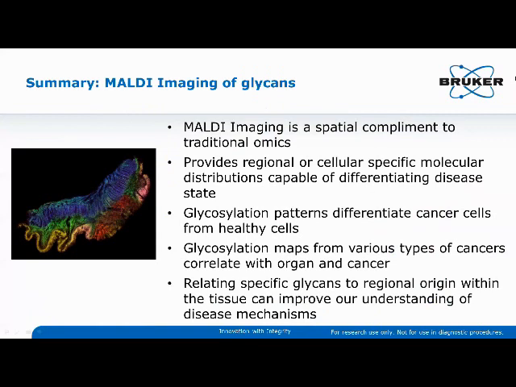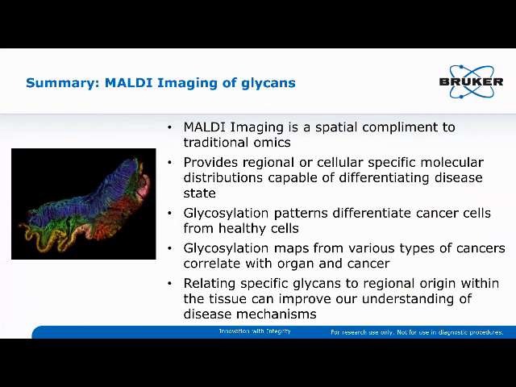And so with that, I would like to summarize and say that I hope I've shown you that MALDI imaging is a very powerful spatial complement to traditional omics strategies. Its power is derived from the fact that it provides a regional and cellular specific molecular distribution capable of differentiating various disease states, various regions of the sample.